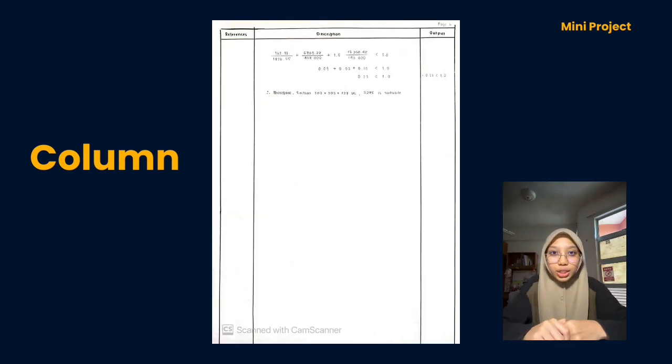After the calculation, I got 0.21, which is less than 1.0.